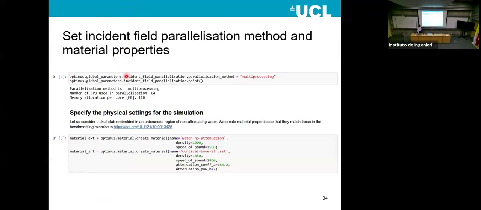Then what we do is, this is the incident fields parallelization parameter. There are different options, so we choose the multiprocessing one. Here we define our exterior and interior domain properties. So we have water outside and we have bone for the cranium, cortical bone for the cranium, sorry.